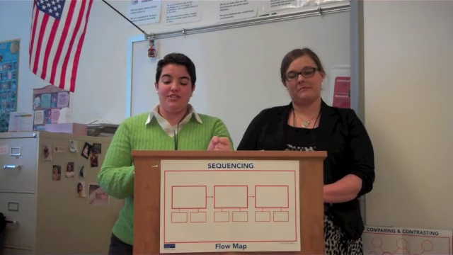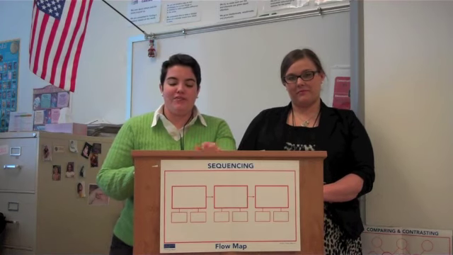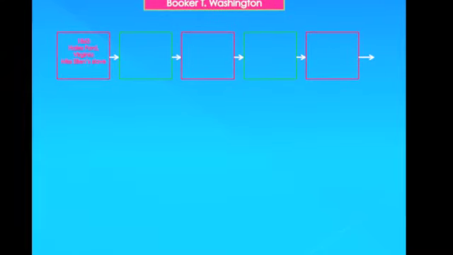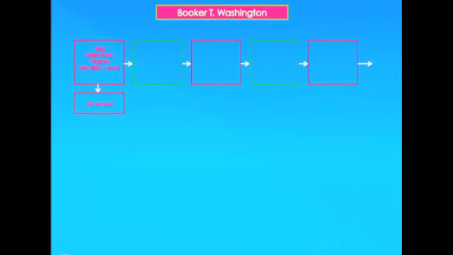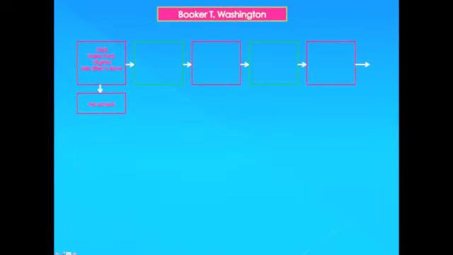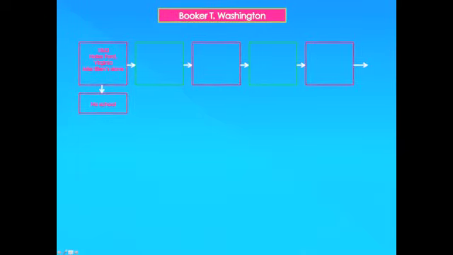From this first portion, students can process a smaller chunk of information and begin to fill in their flow map. In the first box, we pointed out that Booker was a slave for Miss Ellen in Halesford, Virginia, and also that he wasn't allowed to go to school. Therefore, we'll fill in our main idea box with the important date, location, and the relevant information that he was a slave, and then we'll put supporting information below it by listing that he was not allowed to go to school.